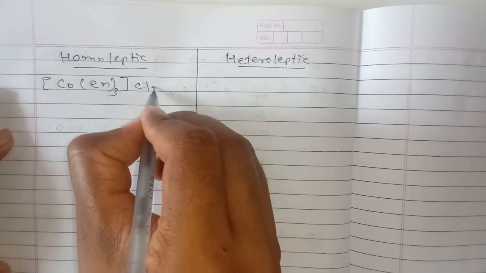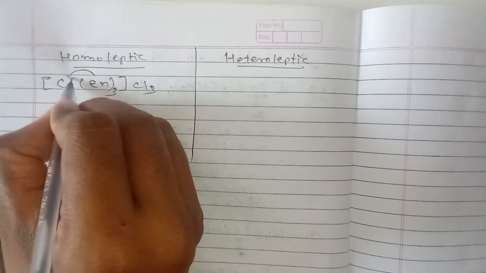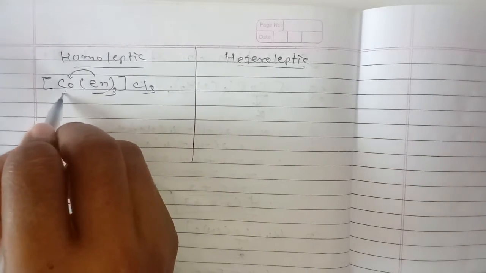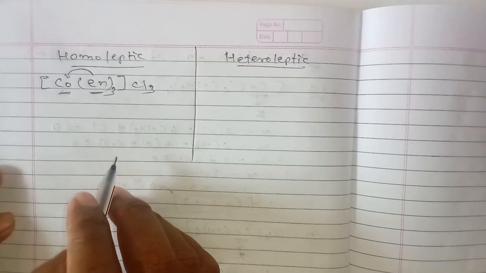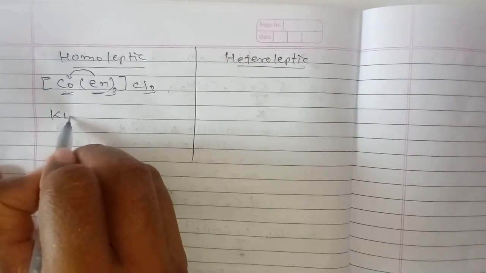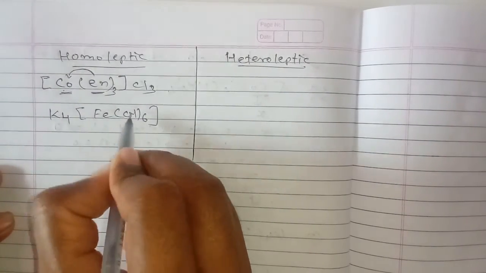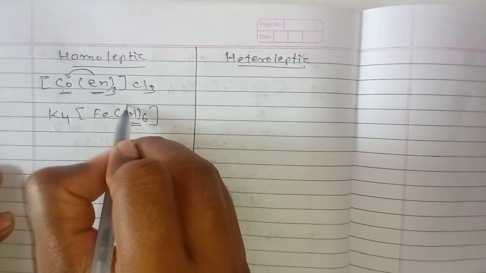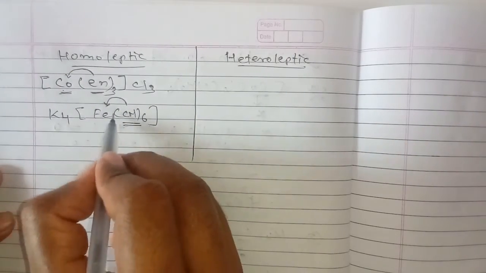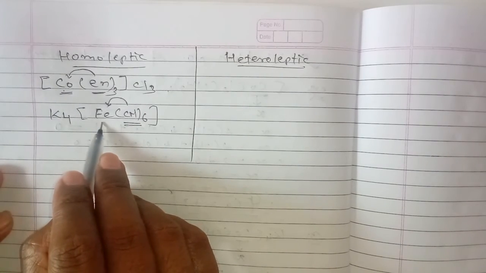So here the same kind of ligand is bound to the cobalt, so it is homoleptic. Another example K4[Fe(CN)6]. Here only this cyanide ligand is bound to the Fe, so it is homoleptic.